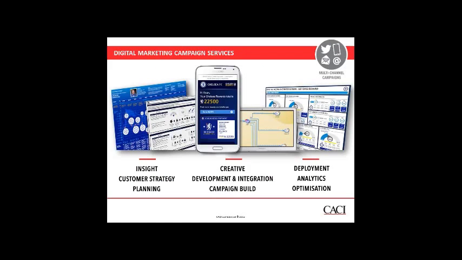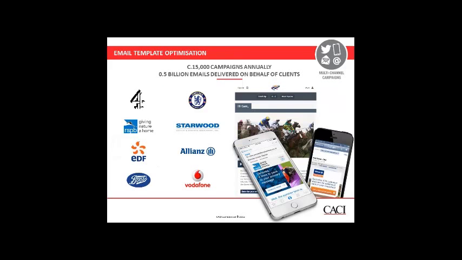On the campaigning side, we provide everything that you would expect from a digital marketing agency, so from insight through customer strategy planning into the design and build and execution of campaigns and the ongoing management and optimization of them. And in the email space specifically, we've built up quite a bit of experience working with organizations such as Vodafone, EDF Energy, Starwood Hotels, Channel 4.